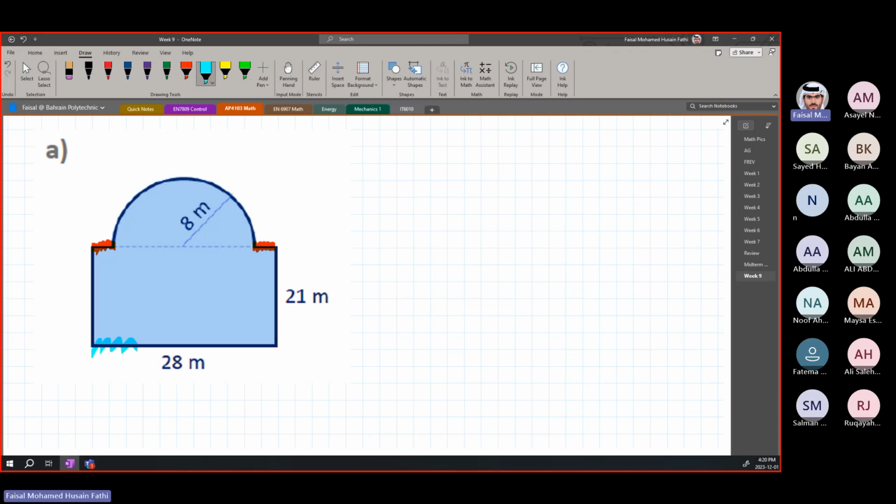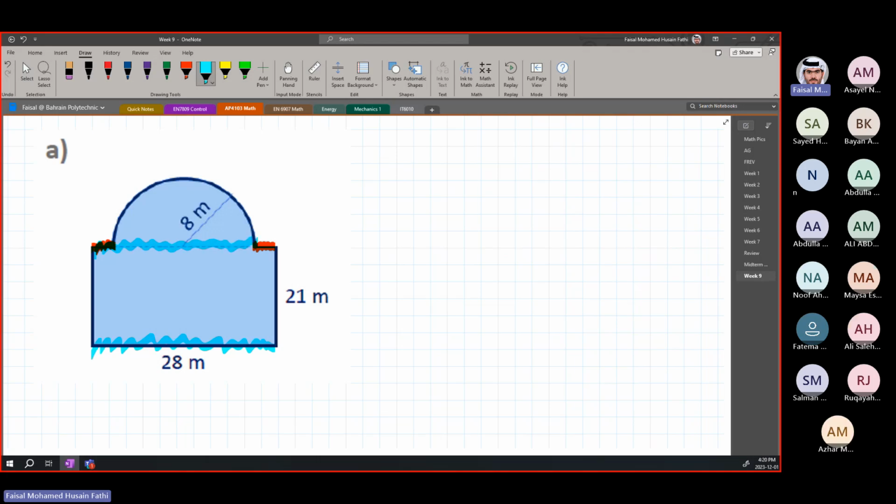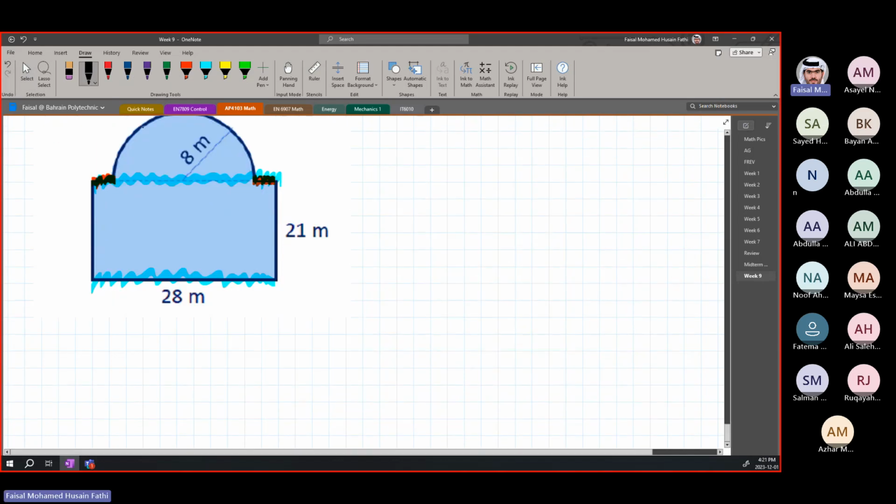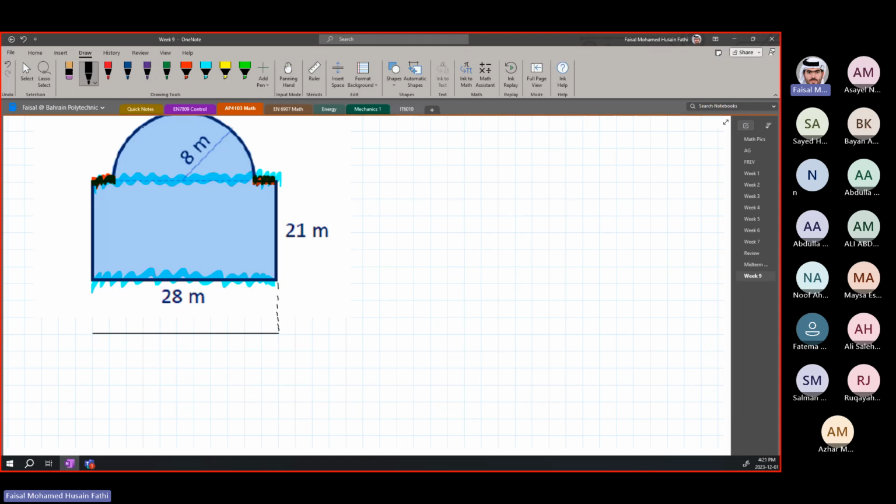This full blue shape over here is equal to this full side over here. Okay, so let's draw the line underneath it from here to here. Okay, this is the end, this is the start, and this is fully 28 meters. This is our first cut, you could say. And this is our second cut, you could say.